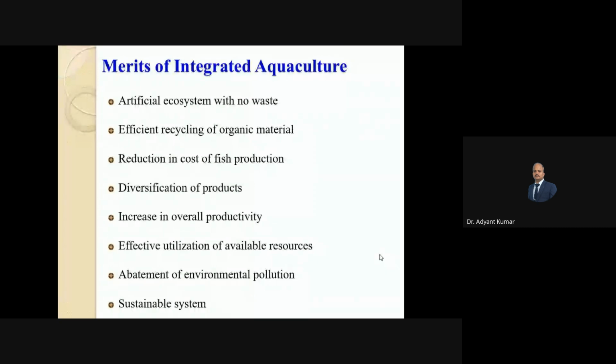It simply tells that it is an artificial ecosystem with no waste, efficient recycling of organic material between the enterprises, reduction in cost of production, either in the case of fish and other enterprises, diversification of products for the farm family as well as for the market itself, increase in overall productivity, efficient utilization of the available resources, reduction in environmental pollution as the waste materials are being recycled, and a sustainable system.